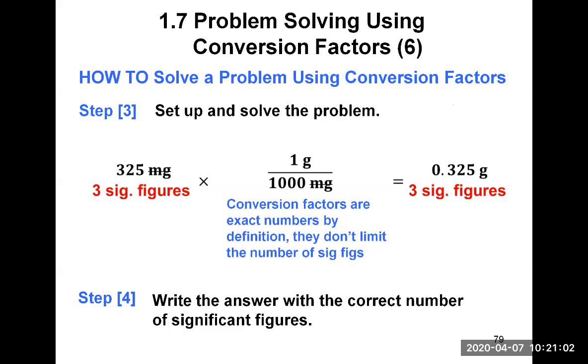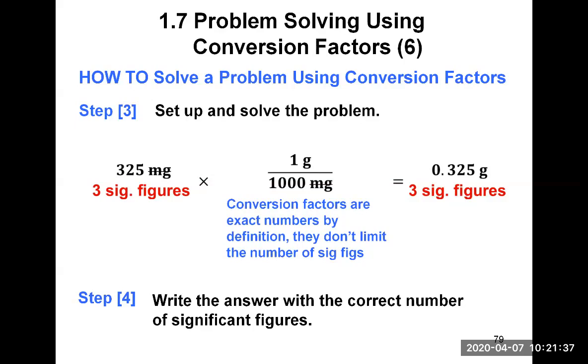And so it's multiplied, right? You multiply the given measurement by the conversion factor. Remember that multiplying by a conversion factor is like multiplying by 1. So it's still the same measurement, but it will be expressed in a different unit in the end. In your calculator, you do 325 divided by 1,000, and that will be 0.325 grams.